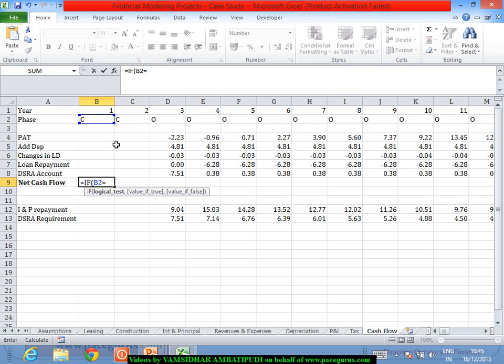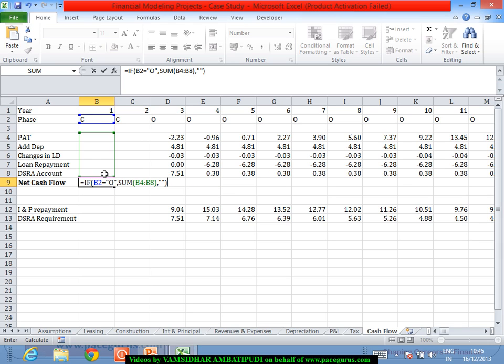If this is equal to O, I am doing the summation of all these numbers, otherwise I am showing it as a blank.